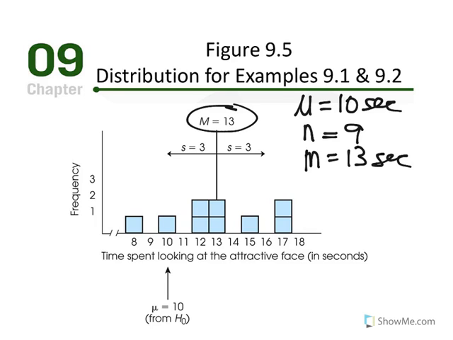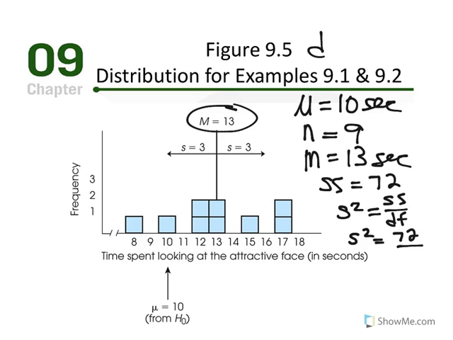We were also told that the SS, the sum of squared deviations, was equal to 72. With that statistic, we were able to calculate our variance. Variance is equal to SS over degrees of freedom. If we replace variables, variance is equal to 72 over degrees of freedom, which is n minus 1, which is 9 minus 1, which is equal to 8.